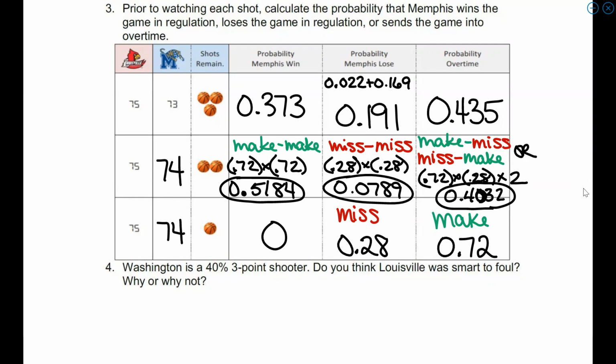So remember, it was Louisville that fouled him at the buzzer with his three-point shot. If Louisville didn't foul him, what was the chance that Memphis won? 40%.